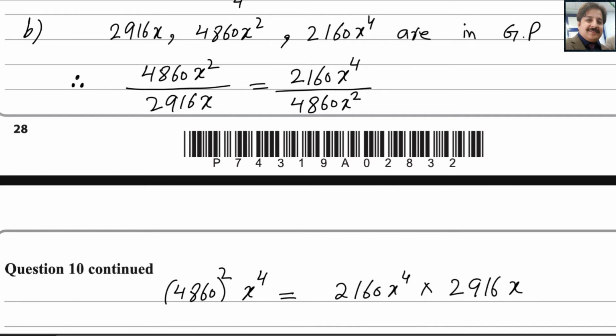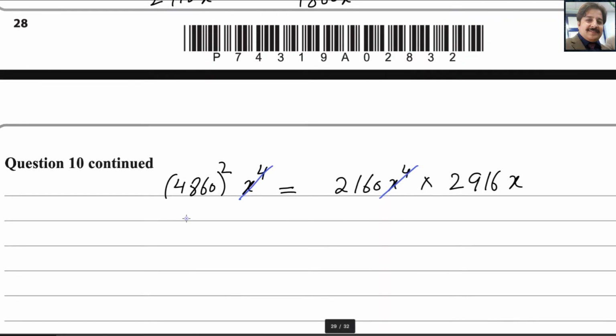Better you simplify this one: you get rid of x⁴, and multiply 2160 by 2916; the answer is very big. So 4860 squared is on one side, and the product divides on the other side. It is about 62,098,560. It is a very big amount. So this is the answer. Now we will solve it.